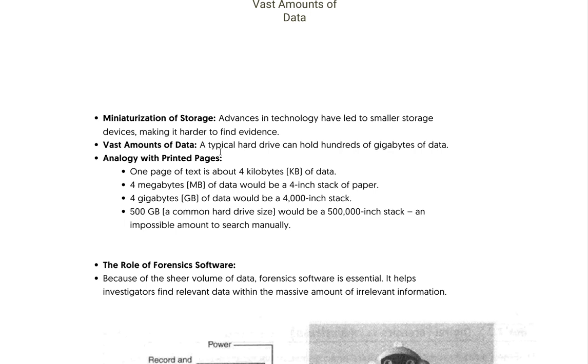Vast amounts of data: a typical hard drive can hold hundreds of gigabytes of data. By analogy with printed pages, one page of text is about 4 kilobytes of data. 4 megabytes of data would be a 4-inch stack of paper. 4 gigabytes would be a 4000-inch stack. A 500 GB hard drive would be a 5 lakh inch stack, an impossible amount to search manually.